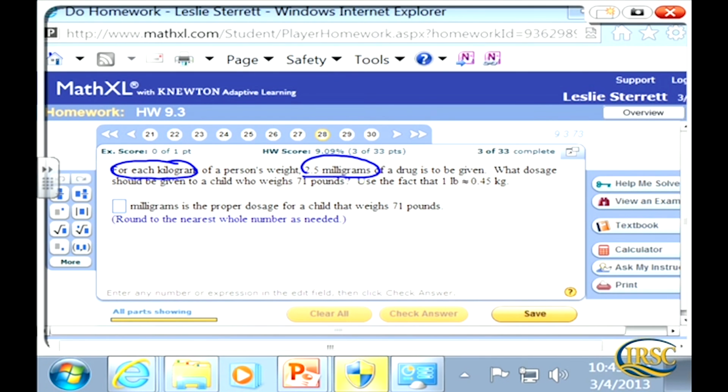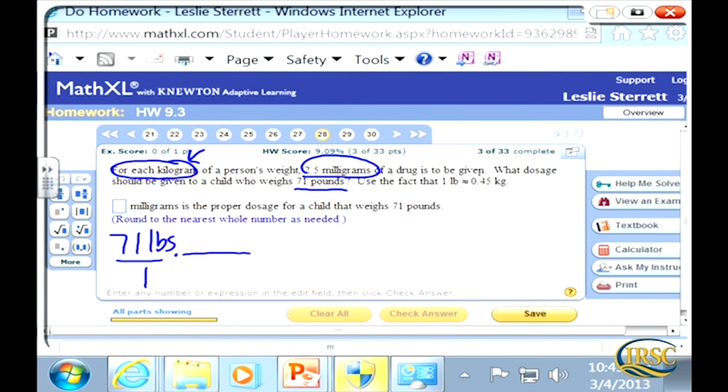We know that this child is 71 pounds, so the first thing we have to do is convert pounds into kilograms, right. So we have to know the person's weight in kilograms first. So starting out, 71 pounds over 1.